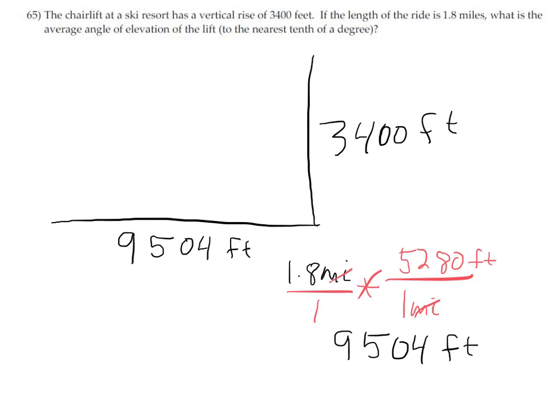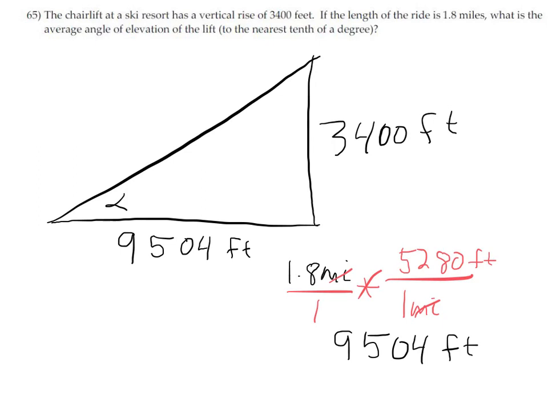Okay, so we have the vertical rise of the chairlift is 3,400 feet, and 1.8 miles, the length of the ride, or 9,504 feet. Now they want the average angle of elevation. That would be alpha.